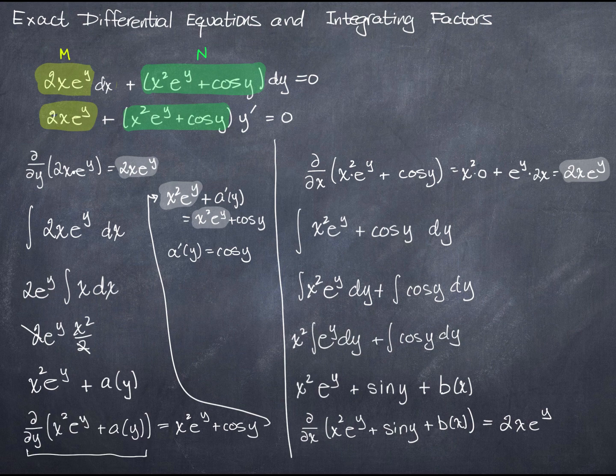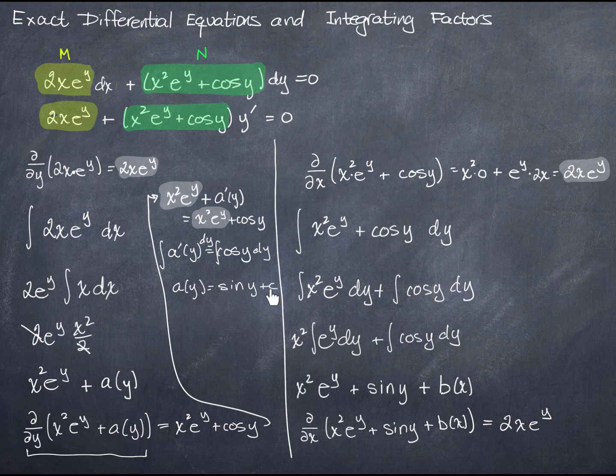Now both sides of this equation are in terms of y, so I can integrate both sides. If I take the integral of this side dy and this side dy, I get that a of y is equal to the sine of y plus a constant.